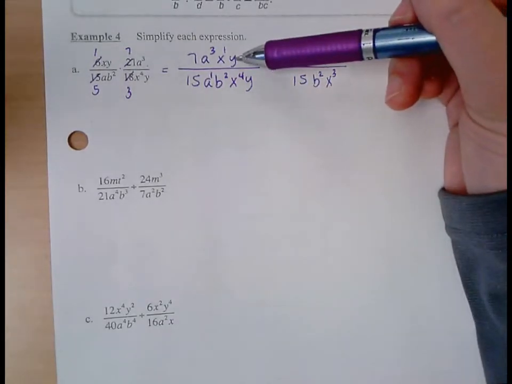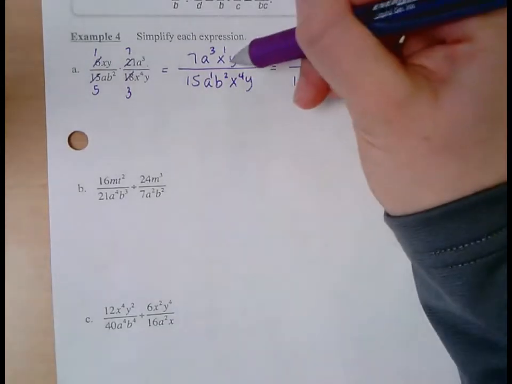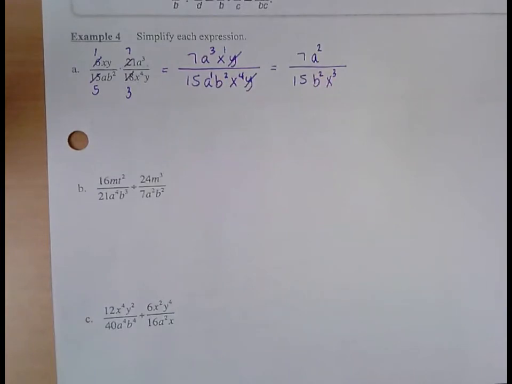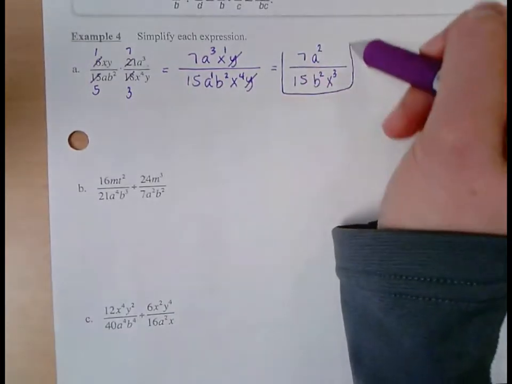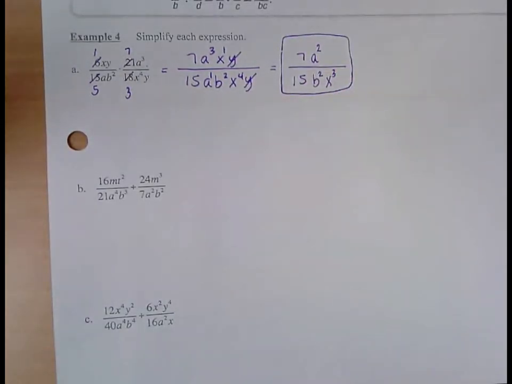And then the y to the first and y to the first, those just cancel out. So this would be the simplified expression: 7a squared over 15b squared x cubed. So make sure you don't have the same variable written multiple times. If you do, that means you can simplify it more.